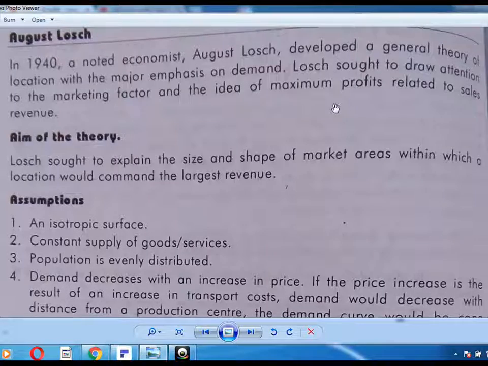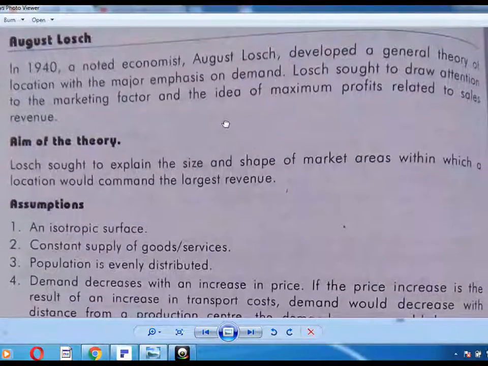August Losch sought to draw attention to the marketing factor and the idea of maximization, maximum profits related to sales revenue. What is the aim of this theory?